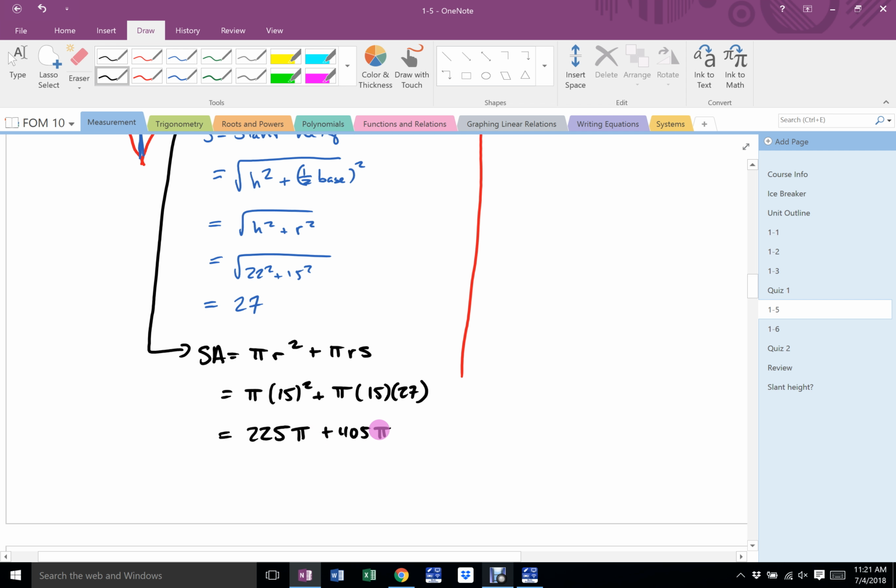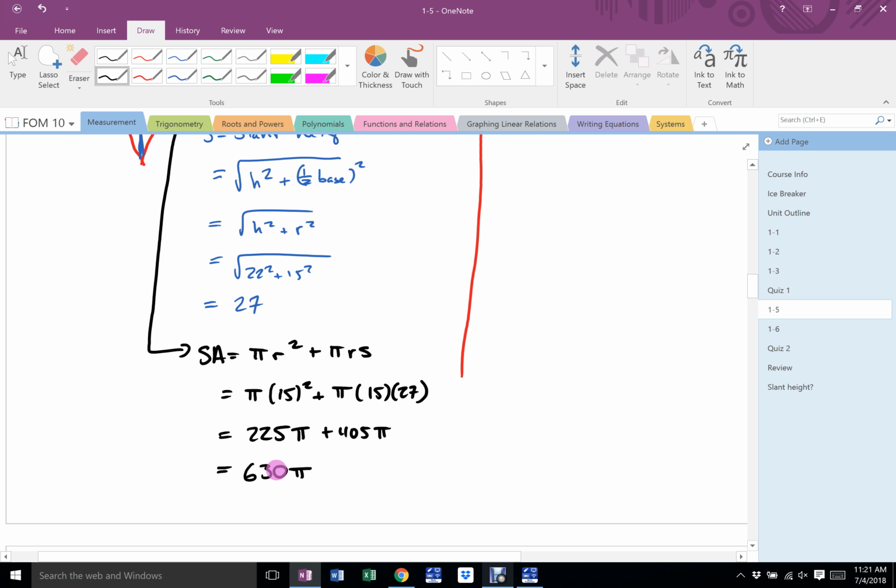Everybody cool? Now, if I have 225 pi and 405 pi, then I have 630 pi. Is everybody okay with that? Does everybody see what I've done?